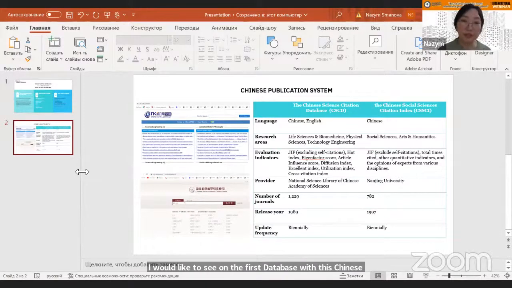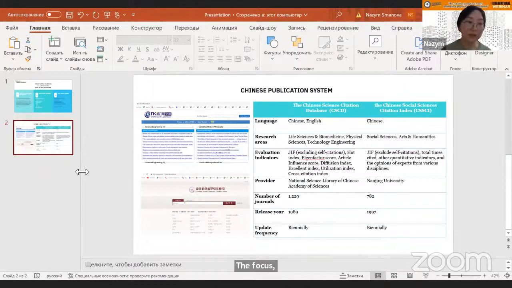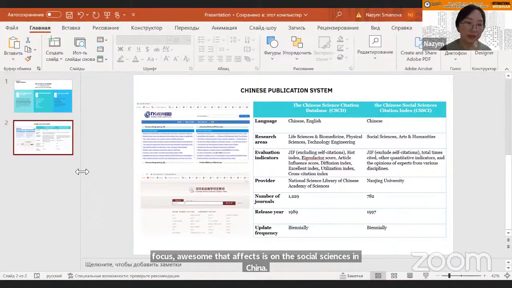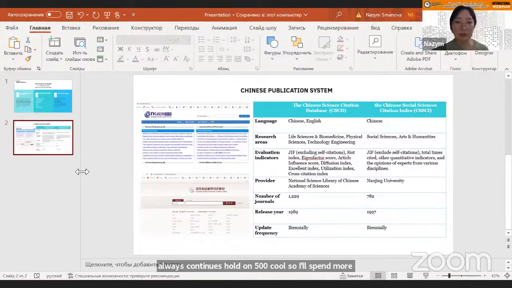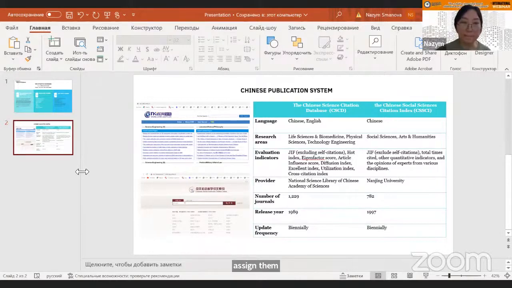It was developed by Nanjing University in 1997. The focus of the database is on the social sciences in China, and the recent edition of the CSSCI database contains more than 500 core source journals and more than 200 extended source journals, which are distributed among 25 disciplines.